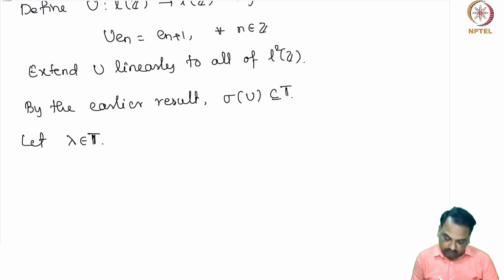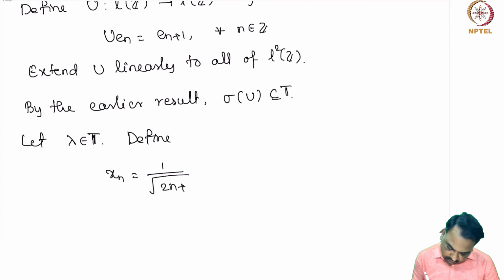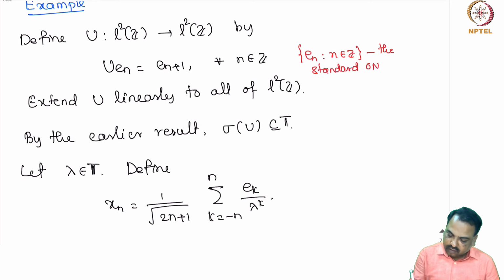We want to show that lambda is in the spectrum of U. So define xn as 1 by square root of 2n plus 1 times summation k equal to minus n to n of E k by lambda power k. Here En is the standard orthonormal basis for L2 of Z.